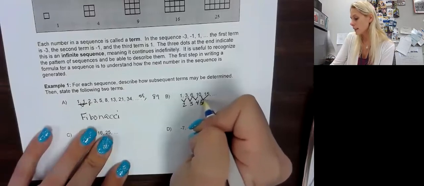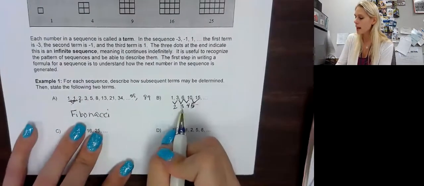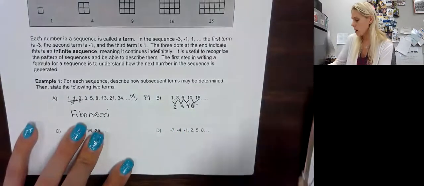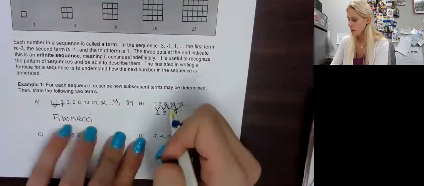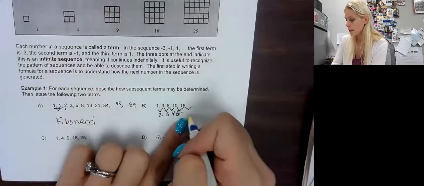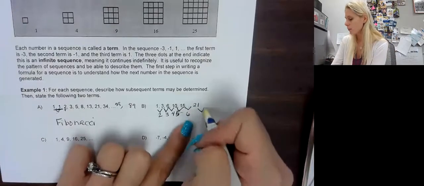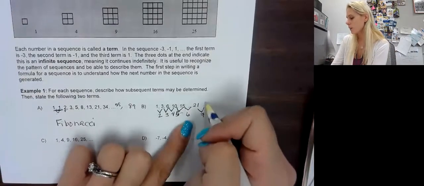And I do see that there's a pattern. I'm adding 1 more to each term as we go up. So the next one we're going to add 6 and get 21. Next we'll add 7 and get 28.